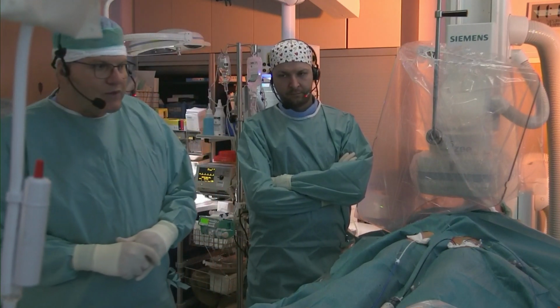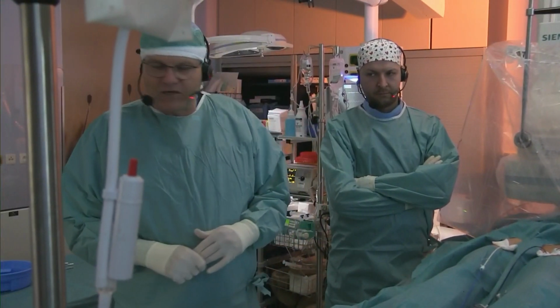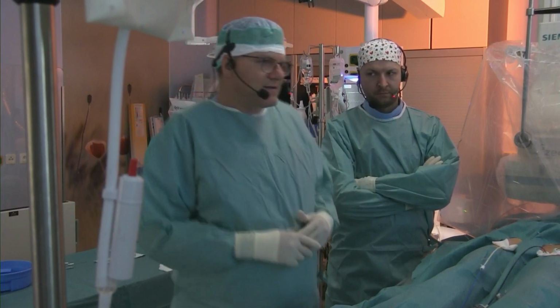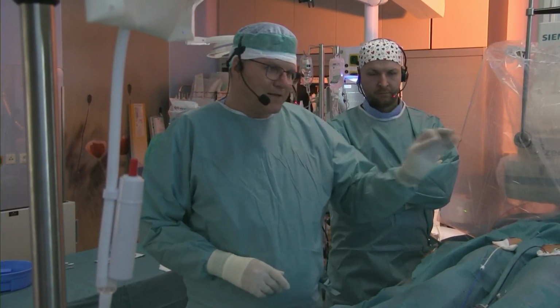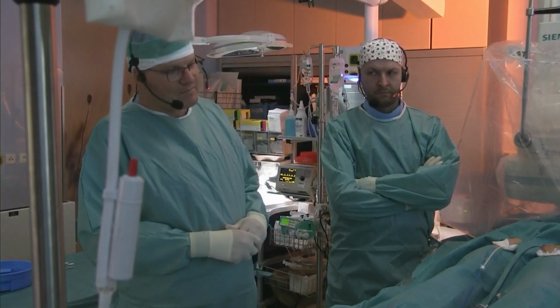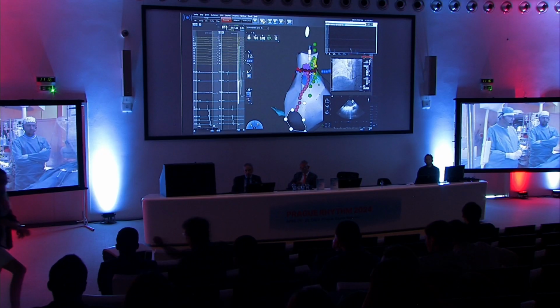And the clinical outcome was surprisingly the same as for patients with IST. But we have no experience. This is our third case for IST. We haven't done the procedure for POTS so far. Thank you.